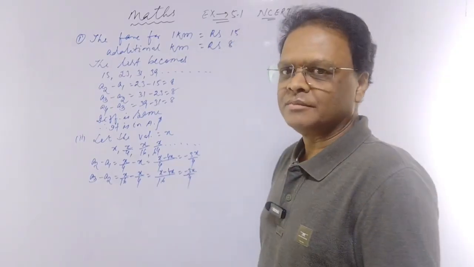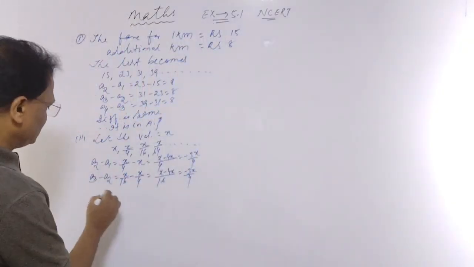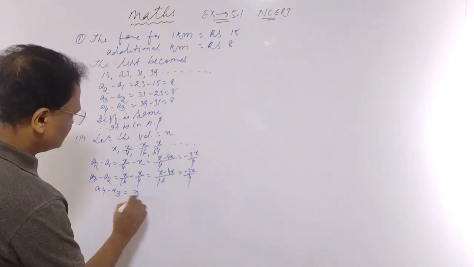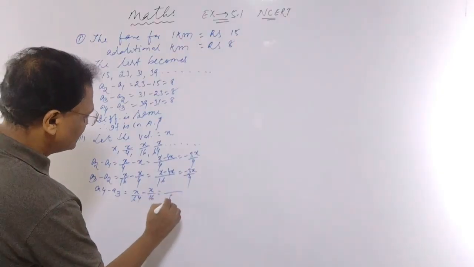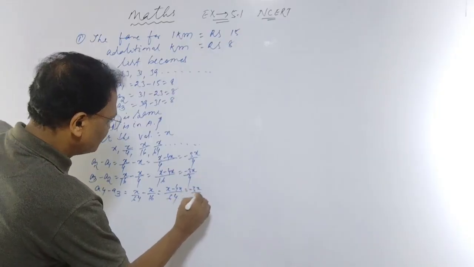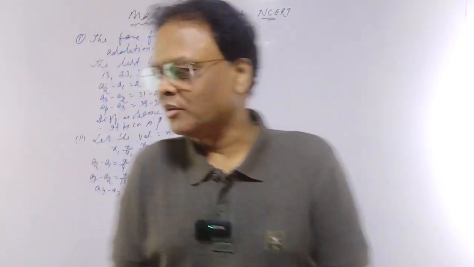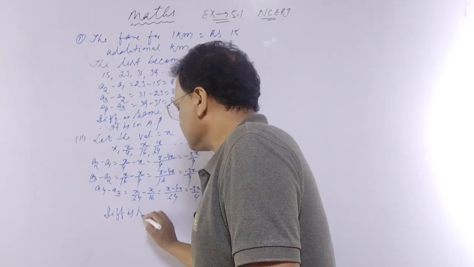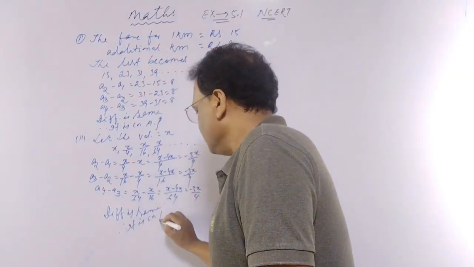A4 minus A3: A4 is X by 64 minus X by 16. Simplifying, I get X minus 4X, which gives minus 3X by 4. This clearly indicates the situation is again an AP, because my difference is the same. Therefore, it is in AP.